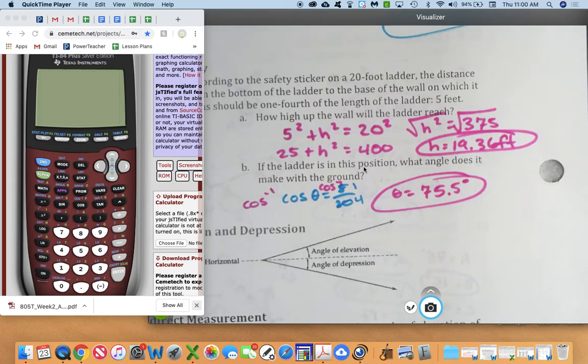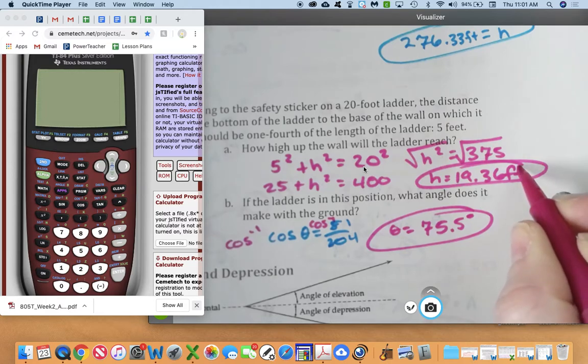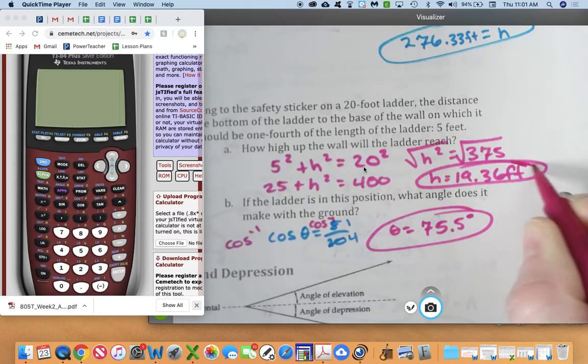Erica, your hair looks good. Whatever. Don't listen to that. 19.36 feet. That's a T. Whatever. Feet. Okay? All right.